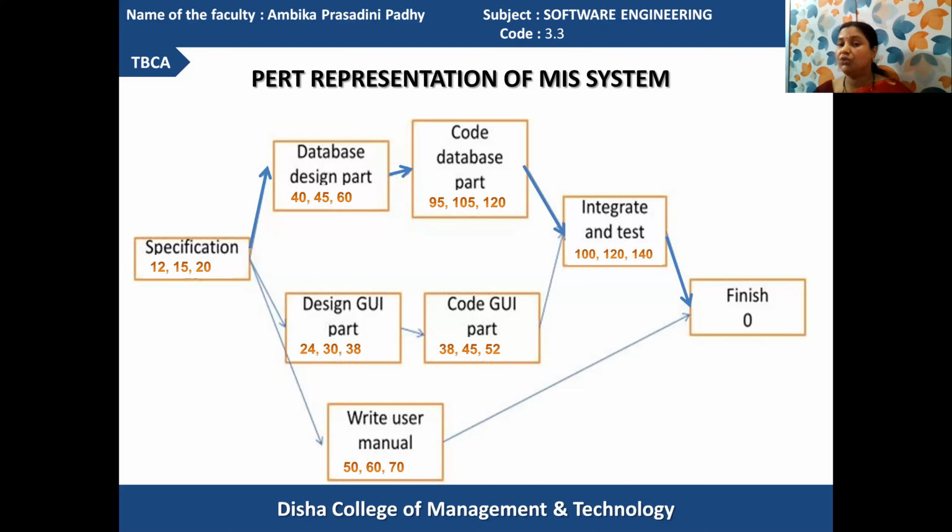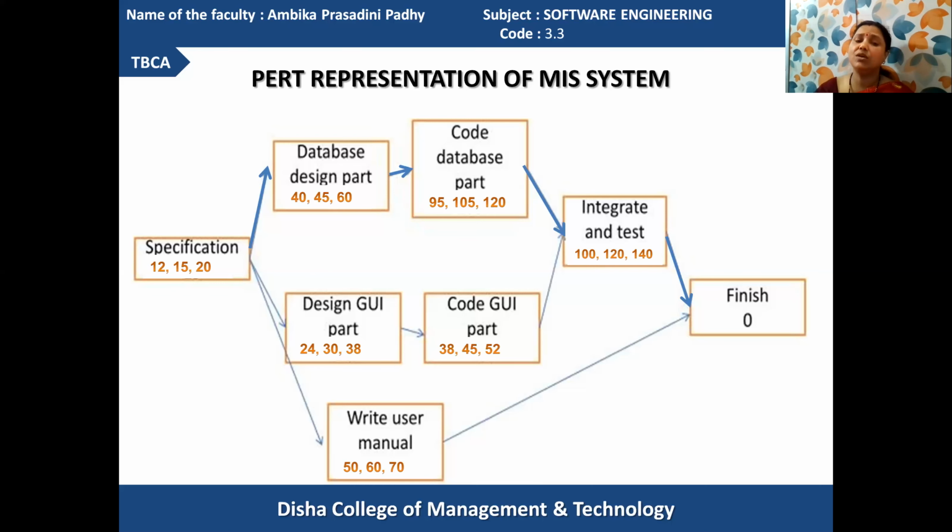For integration testing, we have estimated 120 days. Integration of different codes may identify certain errors at some moments, and solving the errors and arriving at the right solution in different possible ways may require more days and more research. So it may lead to 140 as a pessimistic value. You can identify the values here. And user manual writing lasts from beginning to end.